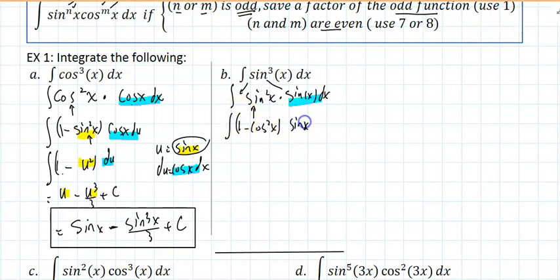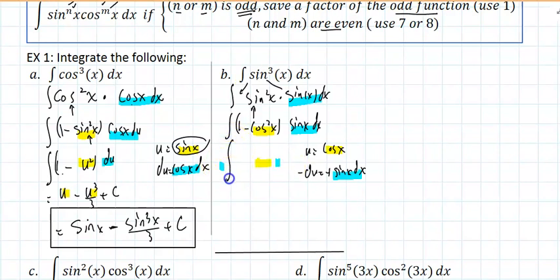Kind of the same thing, with one minor exception. If this is my du, that's what I save all the time, then u will be what? What do you take a derivative of to get sine? Well, obviously the cosine. du will be negative the sine of x dx. So there's my u, and there's my du. Off by a minus, we already know the drill.